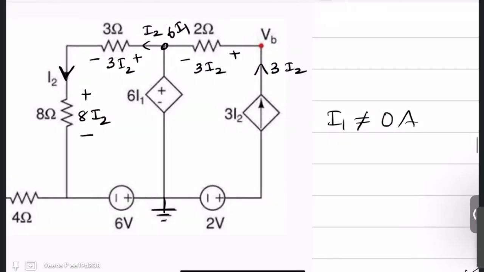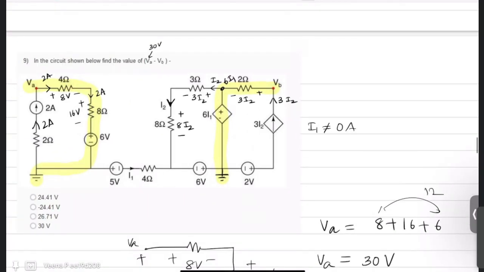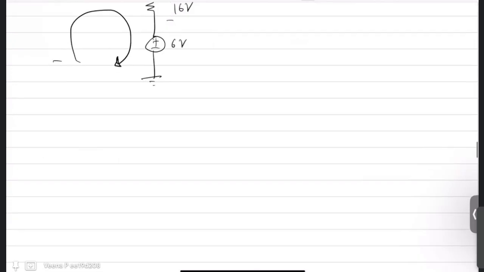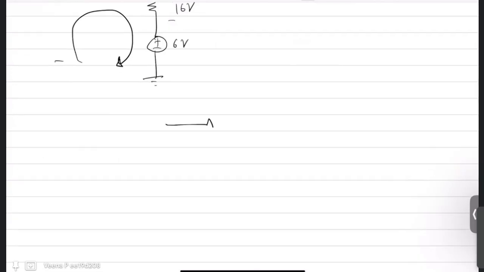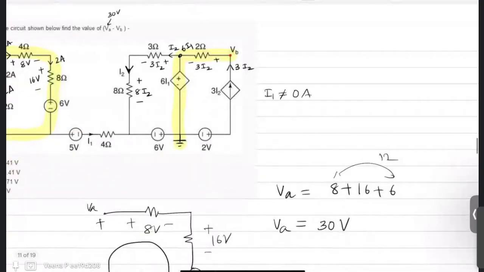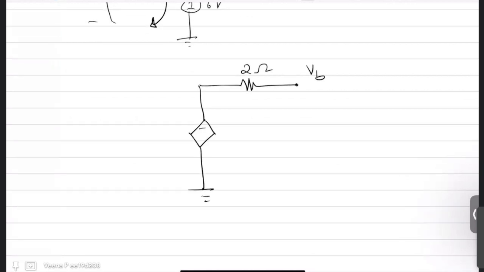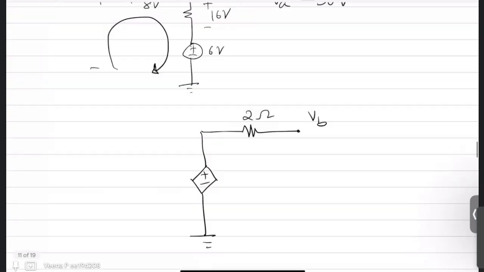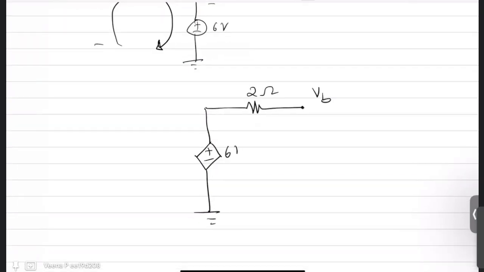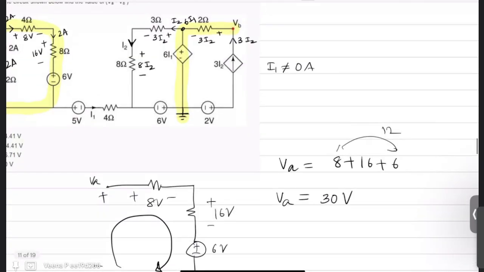I am finding the simplest path, so I will just consider this loop, similar to what we did on the other side. I have VB here with a 2 ohm and a voltage source and ground. This voltage source is 6 I1, right?